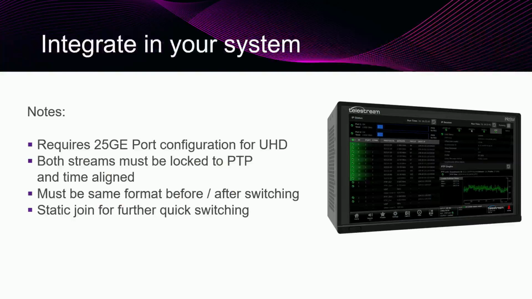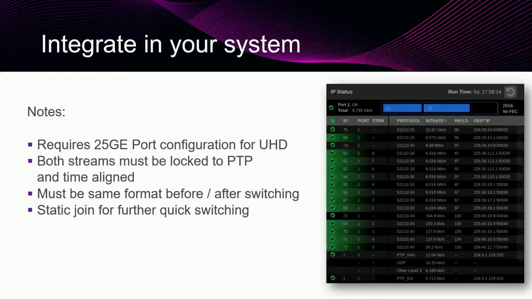All right. So next, this is the kind of recommendation for when you are planning to integrate this kind of endpoint equipment in your system for the seamless switching. The first one is it will require a 25G port connection if you are switching UHD.